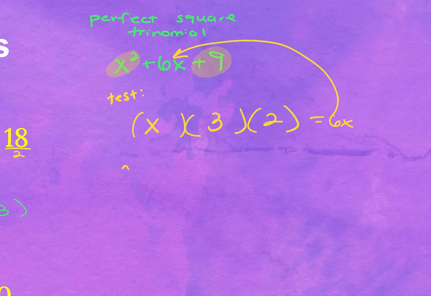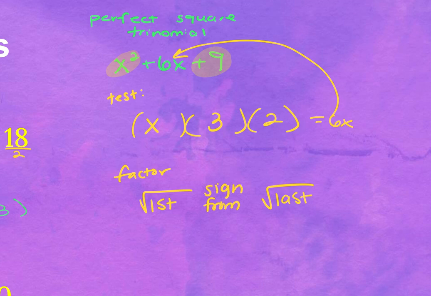To factor the perfect square trinomial, you square root the first term, you square root the last term, you take the sign from the middle, you put it in parentheses, and you square it.